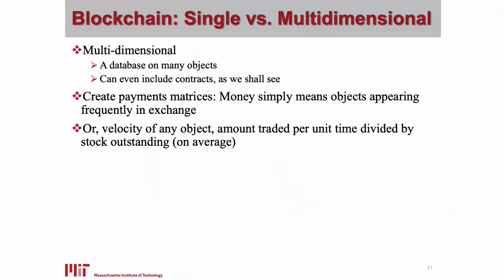Most of the stock changes hands from one period to the next. That's a high velocity object. And ipso facto, it's almost surely something appearing frequently in exchange. That's the monetary theory definition of money. That's really the definition, if we had to pick one, that we should be using in our conversations.